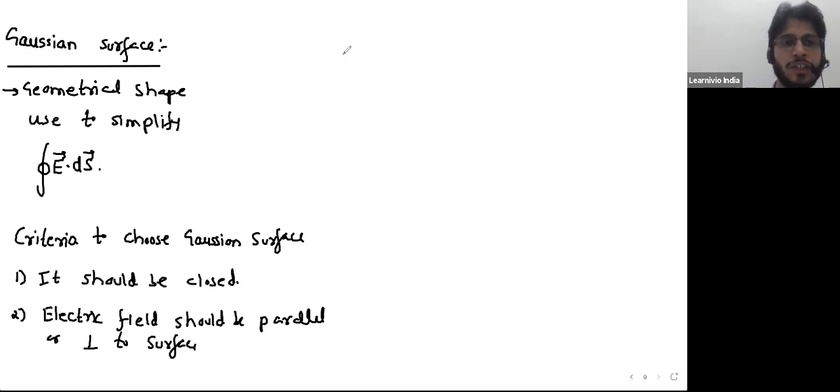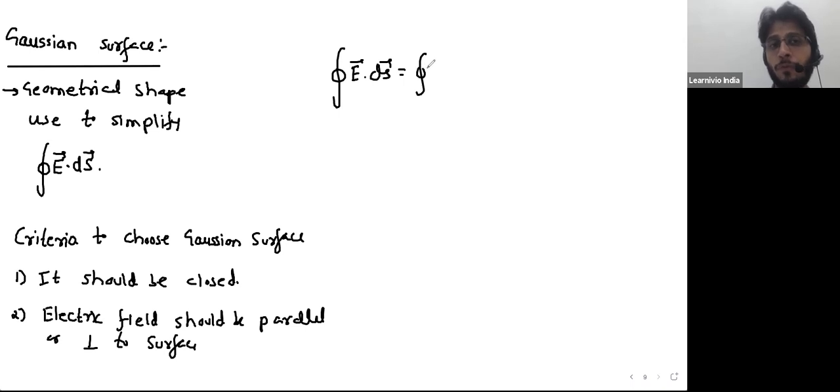See, this condition will help you in opening this dot product. If the field is parallel, then your cos theta will be 0. And if your field is perpendicular, then your theta would be 90 degrees and your flux will reduce to 0. So the second criterion will help you to open this dot product.